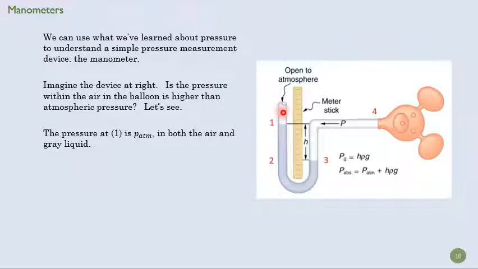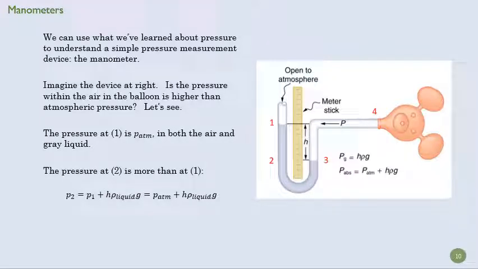So we know it's atmospheric pressure out here, so we know that it's atmospheric pressure there. 2 is deeper in our fluid, and so we know that the pressure is going to be higher there. Our gauge pressure is going to be higher. The gauge pressure here is 0. Down here, it will be 0 plus rho g h.